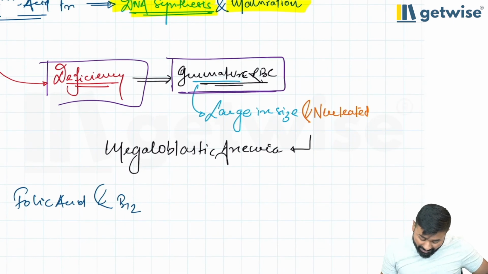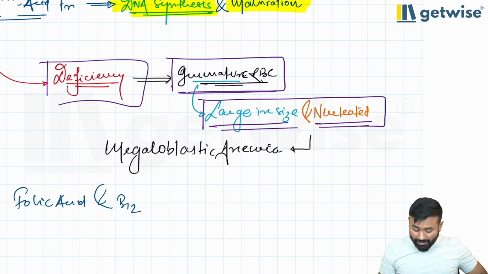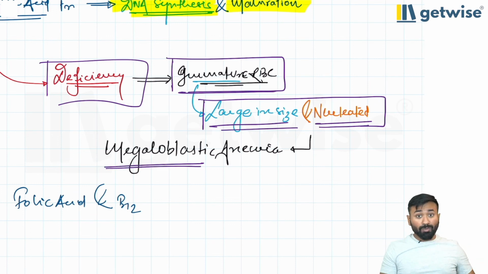These immature RBCs are large in size and nucleated. These cells are called megaloblasts, and the condition is called megaloblastic anemia.